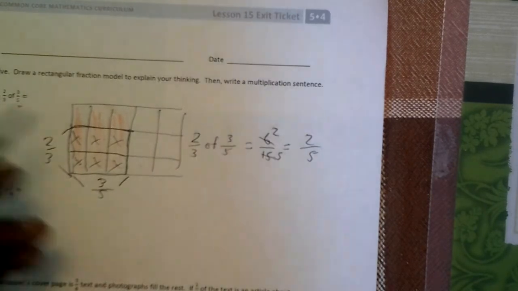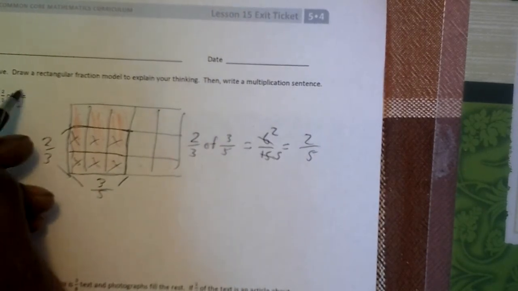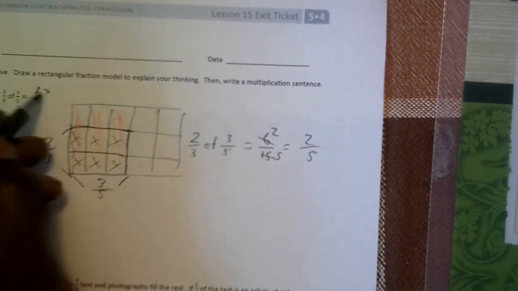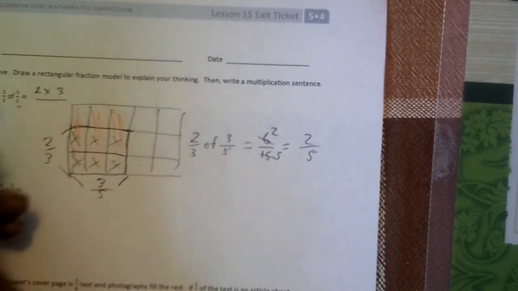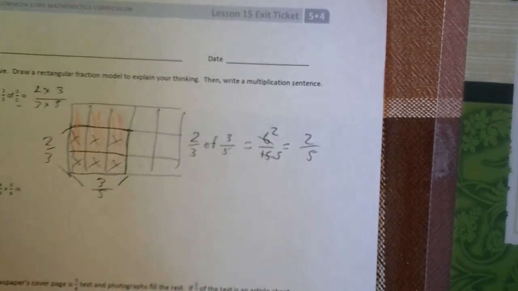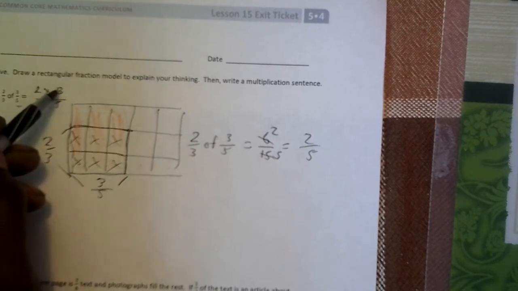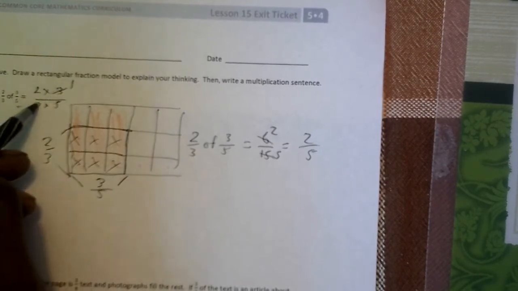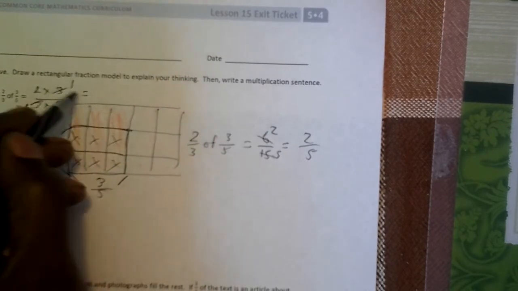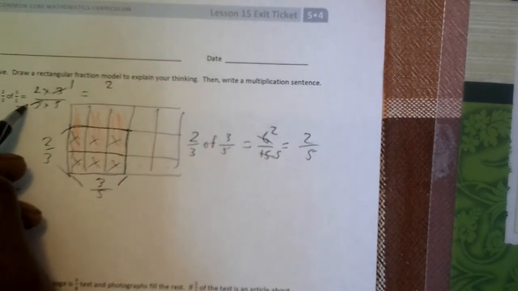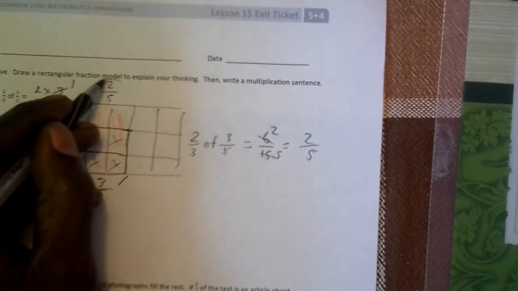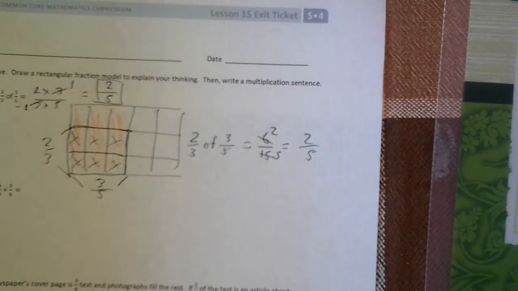So 2/3 of 3/5 means times, equals 2 times 3 over 3 times 5. So can we simplify? Yes, 3 divided by 3 is 1. 3 divided by 3 is 1. So we have 2 times 1 equals 2, and 1 times 5 equals 5. So we have 2/5.